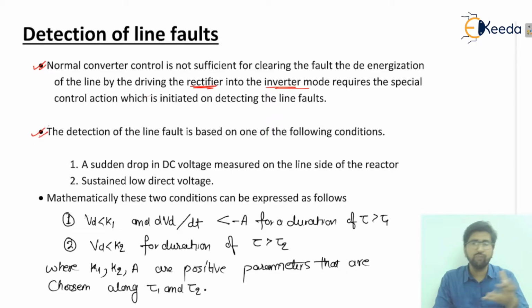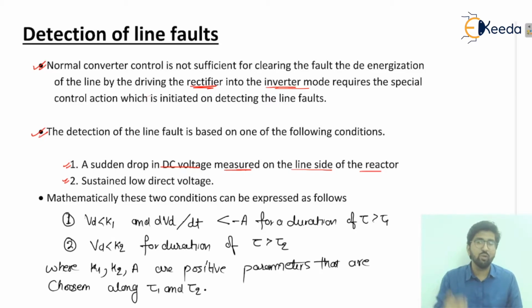Now, as we have talked about the detection, the detection of the line faults is based on one of the following conditions. What are these conditions? The first is a sudden drop in the DC voltage measured on the line side of the reactor.